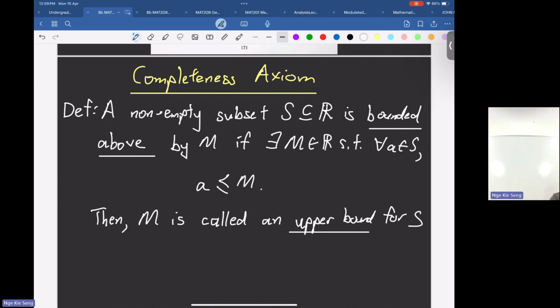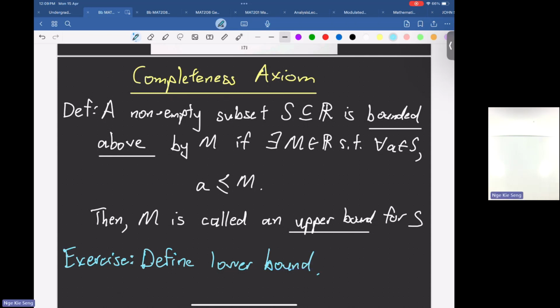Similarly, you can also define another thing called a lower bound, which is bounded below. You change the order, so it becomes a is greater or equal to, right? So you can try as an exercise to define lower bound. Quite important, later in the course we will use it.